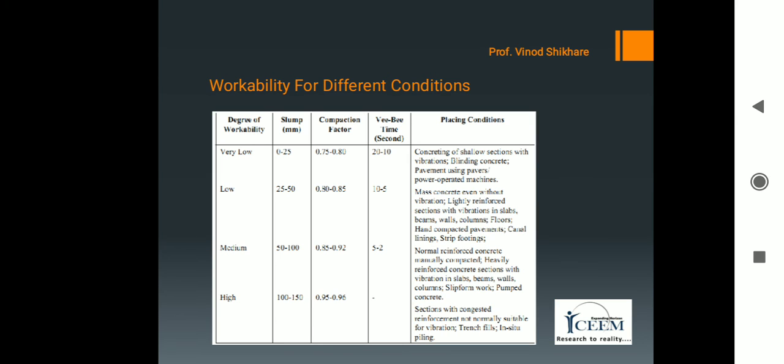Then, workability for different conditions. It is clear from the above discussed points that workability, being a complex property, is difficult to define precisely. It is rather more difficult to quantify the workability.